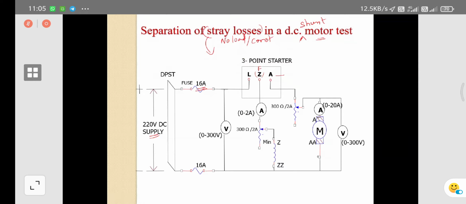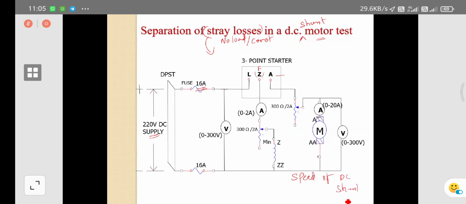Next, this is the circuit diagram for separation of losses. While going to separate all the losses, first of all, this is similar to the circuit diagram for speed control of a DC shunt motor.